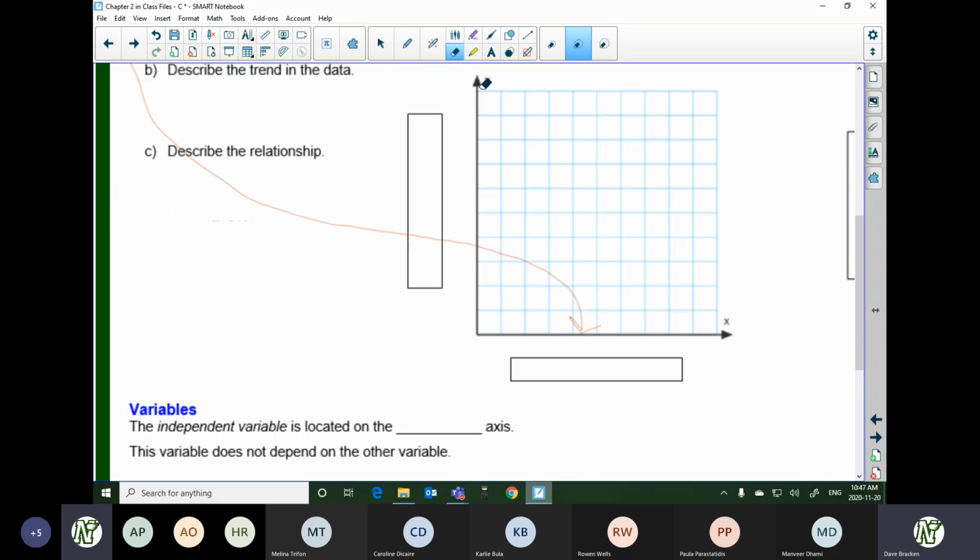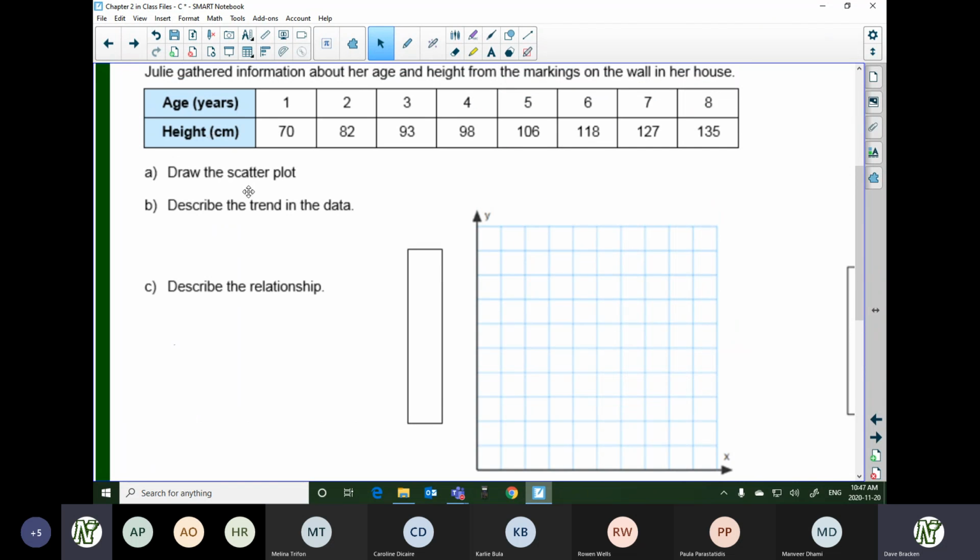Age. Type that in then. Down on the bottom, age, and this is in years. So we label the bottom so anybody looking at this scatter plot knows what we're talking about on the bottom. If age goes on the bottom, what has to go on the side? Height in centimeters.